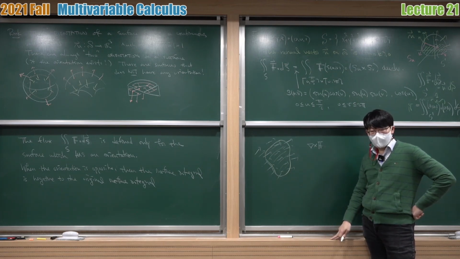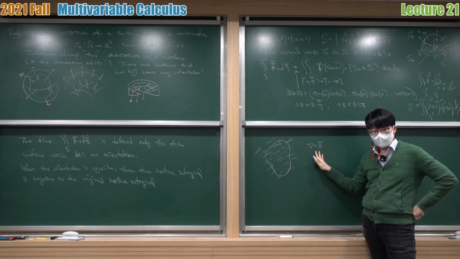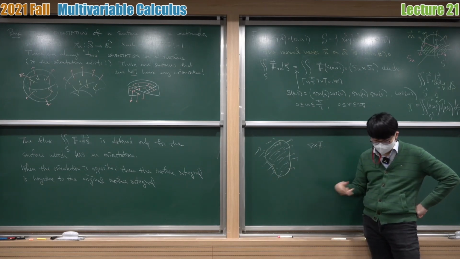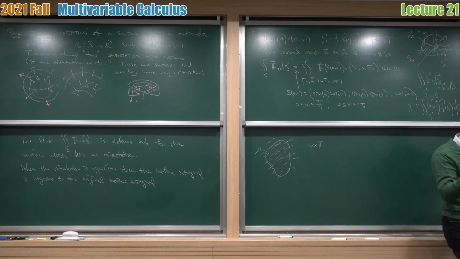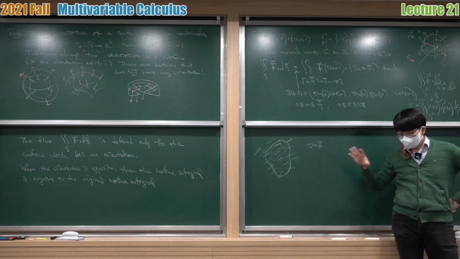It's not the meaning of curl that gives the meaning to the Stokes theorem; Stokes theorem gives the meaning to the curl. So if I just spoil the result, the curl gives you how fast your vector field rotates your object when the object is affected by the vector field in the space.